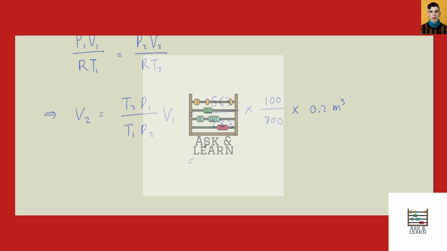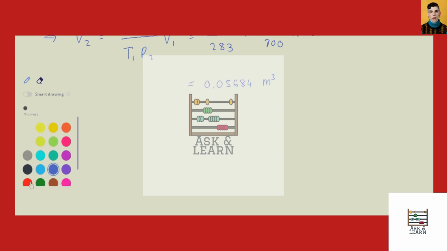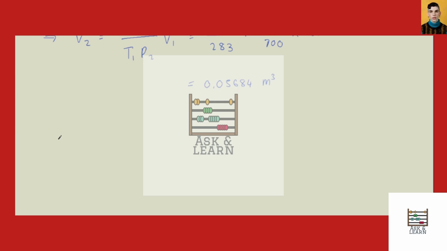So we get the final volume of the system to be 0.05684 cubic meters. So now we have the volume of the final state. And the last thing we need to do is calculate N.